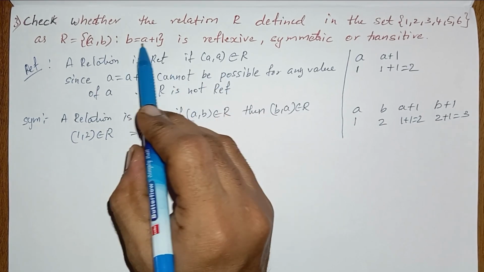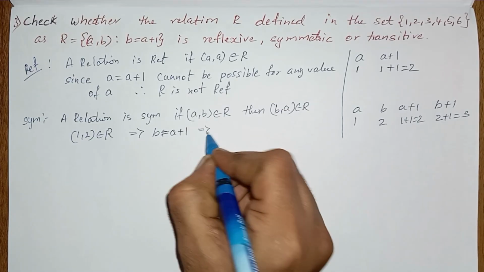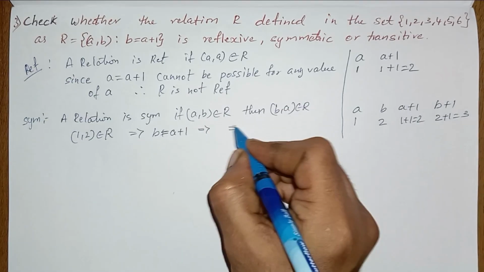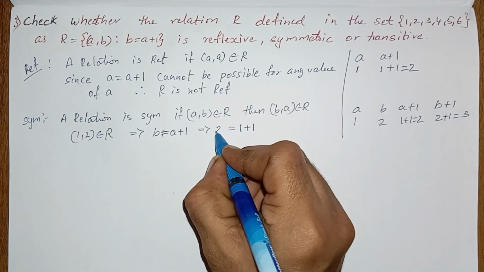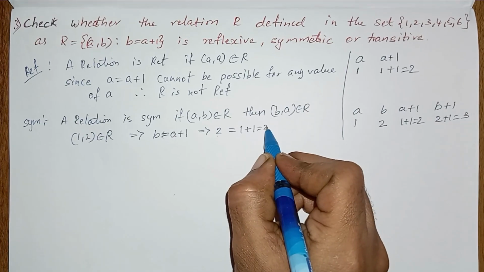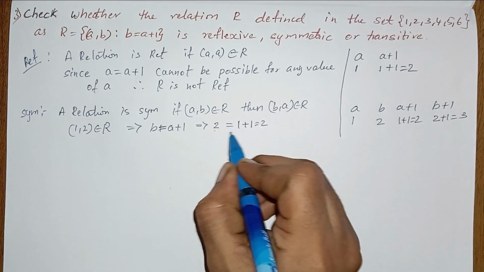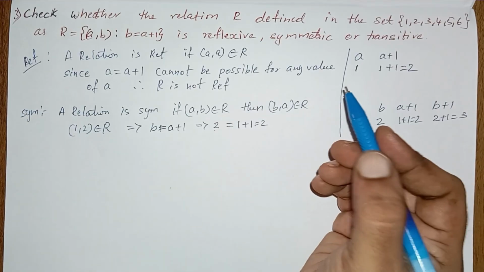Here we are given B is equal to A plus 1. So A value is 1, so 1 plus 1, and the B value is 2. You can see both the A value after adding and B are the same, 2 and 2. So this 1 comma 2 belongs to R.